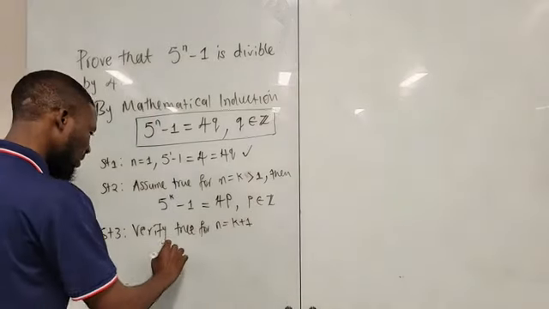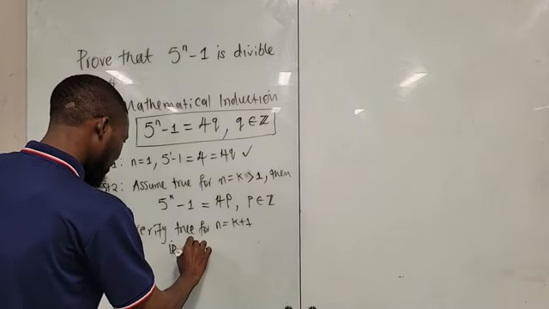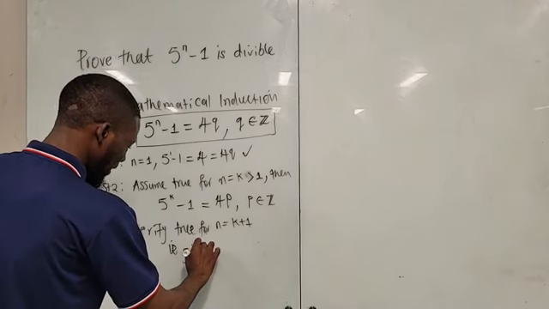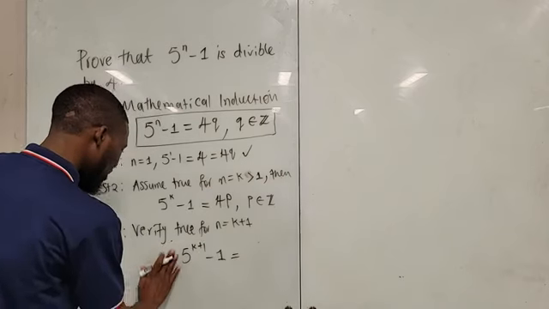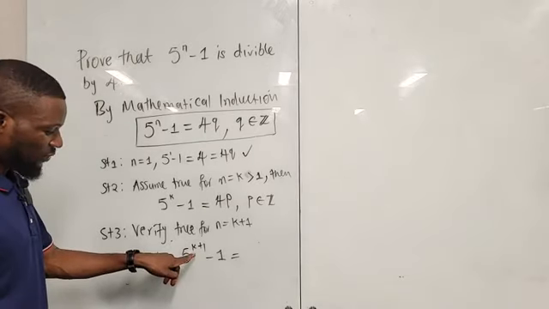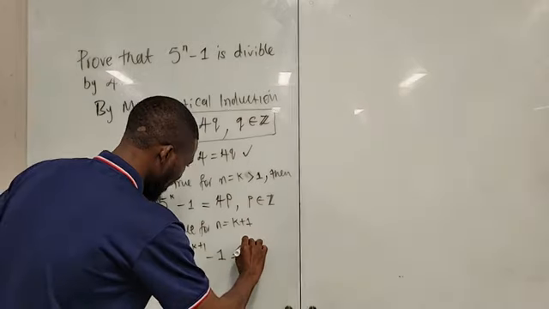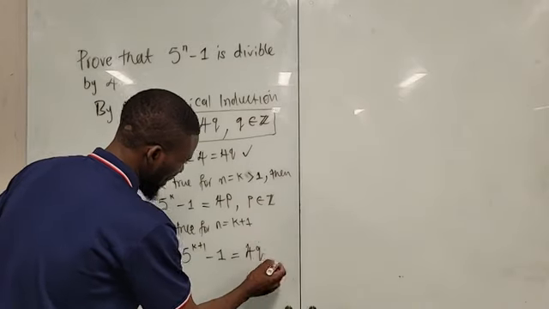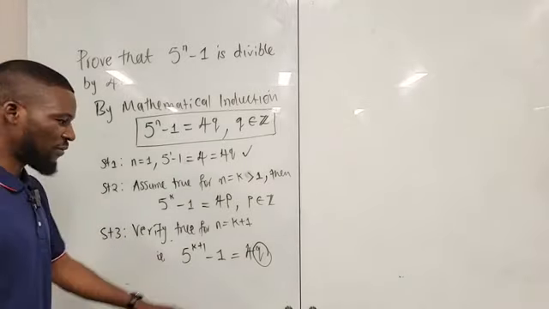That is, 5 to the power k plus 1 minus 1 can be written as 4 times some number, say q. So this is what we want to verify.